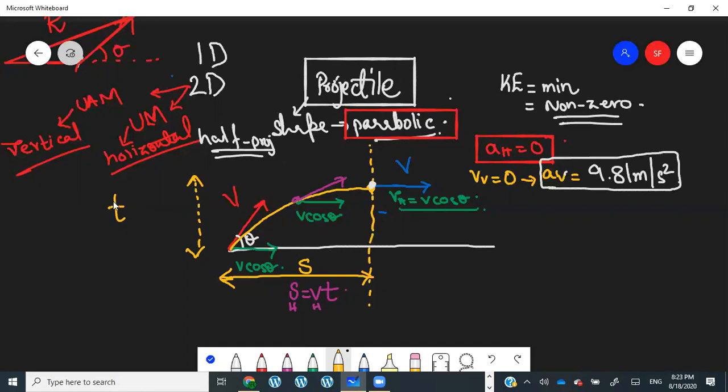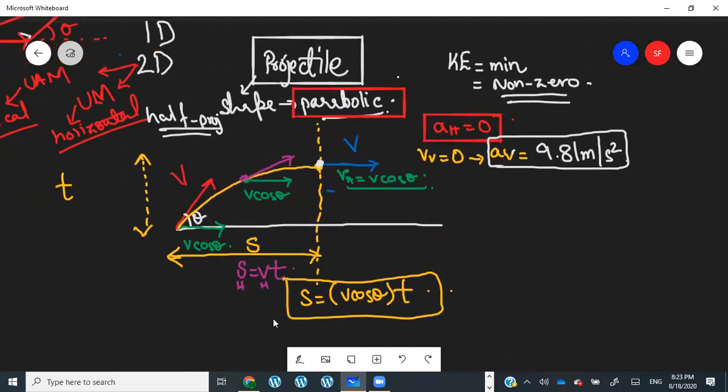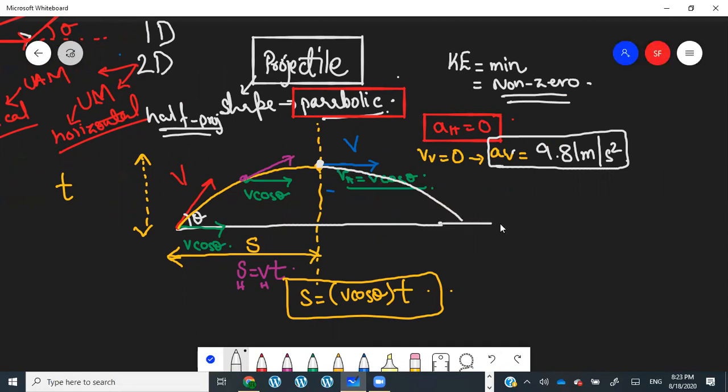You can use that time value to calculate this horizontal distance. And so it turns out to be v cos theta, which is the horizontal component, multiplied by the time. That gives the horizontal distance that the ball has traveled. Clear?